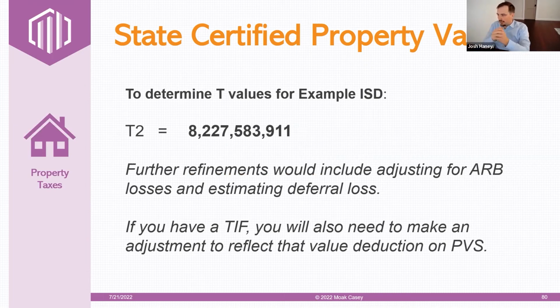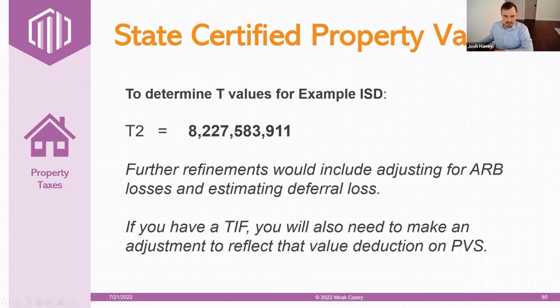As I note here, you can make adjustments for A or B losses. I talked about that already, where you can see what your CAD is estimating those losses will be on those two sections of the report, so you can make those further refinements. There are a couple of other things like the frozen value loss. One of them is deferrals.